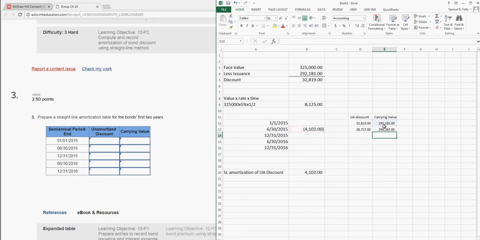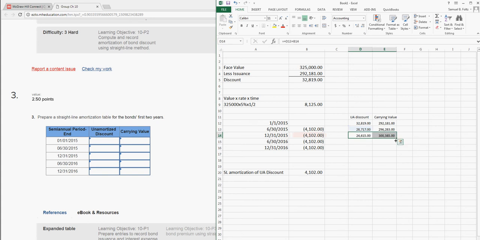So you'll see that every period the unamortized discount will go down by 4,102 and the carrying value will increase by 4,102. So we can just continue to run that same math. If I were to copy this on down, I can now do the same thing down here by just saying this minus the 4,102 and this plus the 4,102. And it just continues that way.